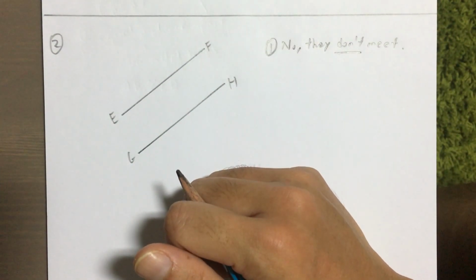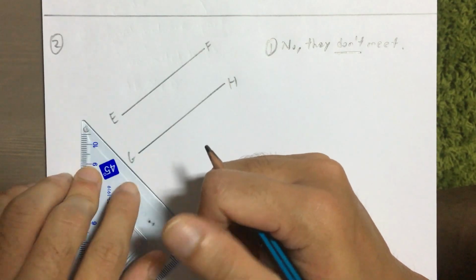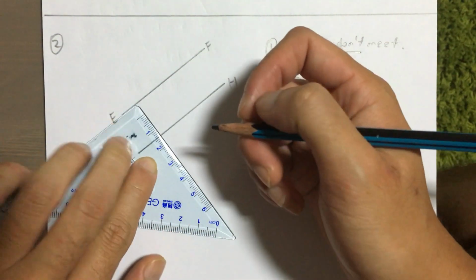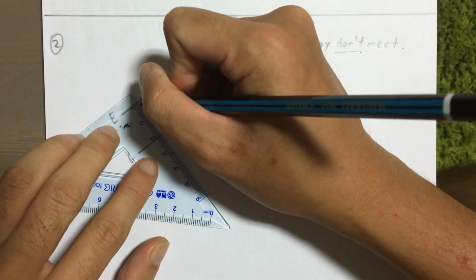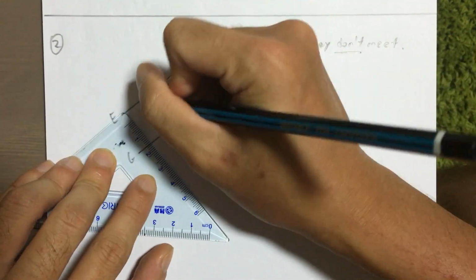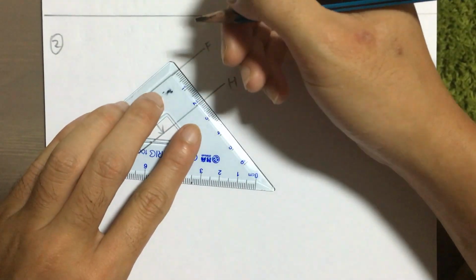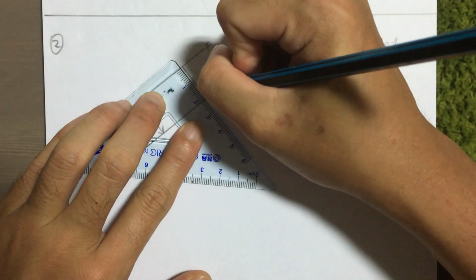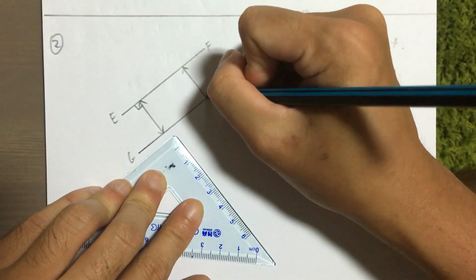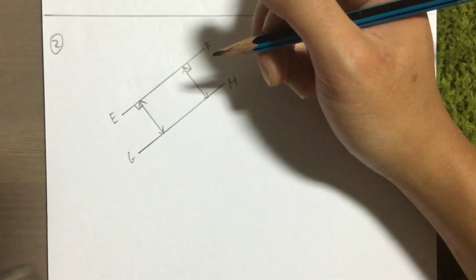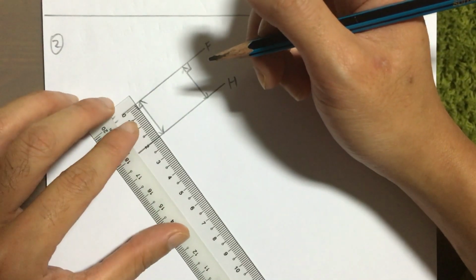If I use my set square and draw a perpendicular line from one line to the next, then I know this is a right angle, and I draw another one right at the end. Again, this is perpendicular, and I measure the distance. Let's do a small activity and measure.